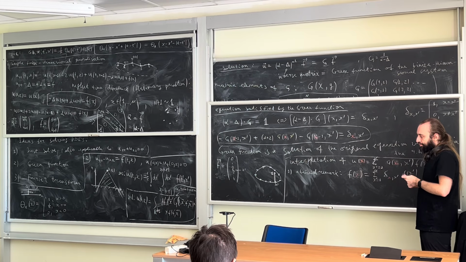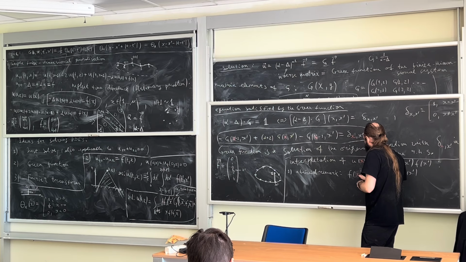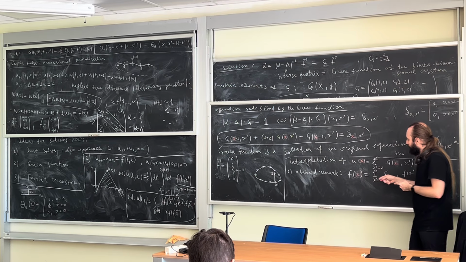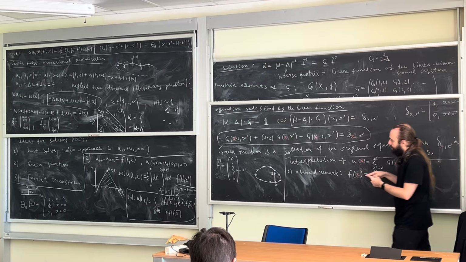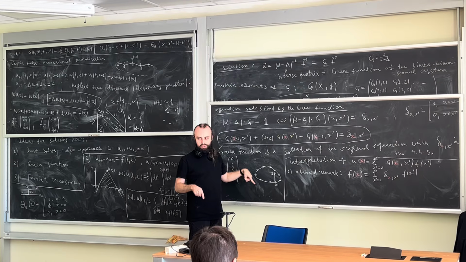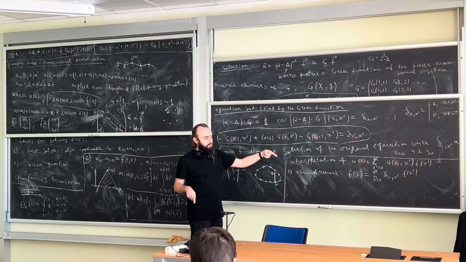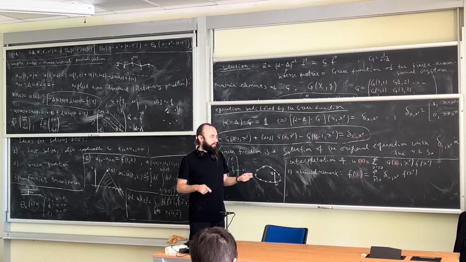So as a function of x, f of x can be written as a linear combination of such functions that equal 1 at point x prime and equal 0 everywhere else. And these elementary functions should be taken with coefficients f of x prime.